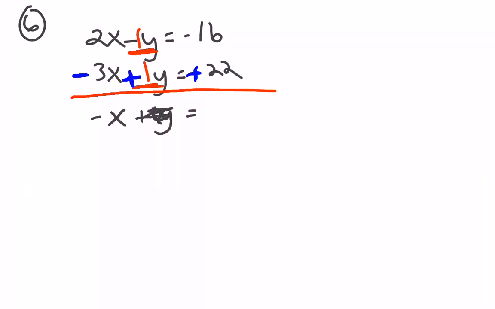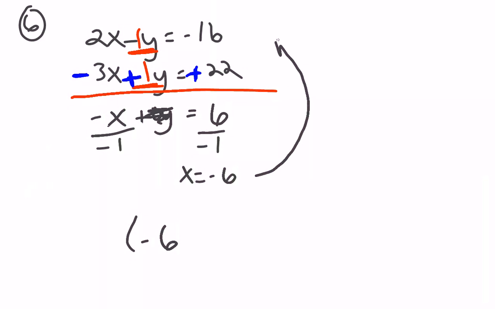Negative 16 plus 22 is 6. So I'll divide by -1. So x equals -6. And now I have to substitute into one of these equations. I always use the one I didn't mess up. So 2x minus y equals -16. And I'm going to substitute in -6 for x.